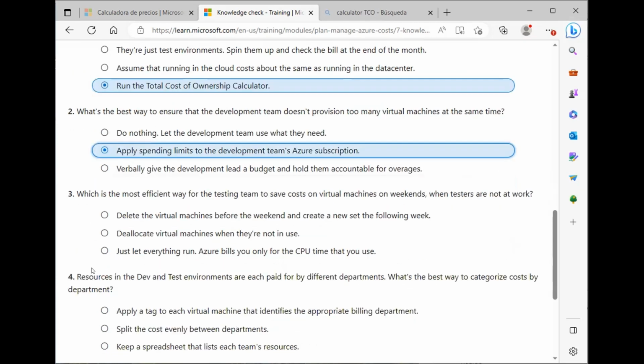Which is the most efficient way for the testing team to save costs on virtual machines on weekends when testers are not at work? Delete virtual machines before weekends and create new ones, deallocate virtual machines when they are not in use, or just let everything run.